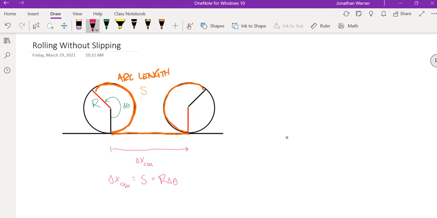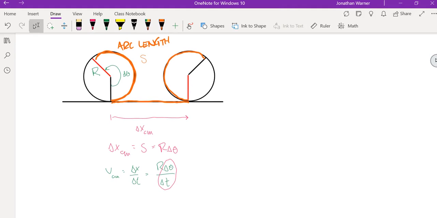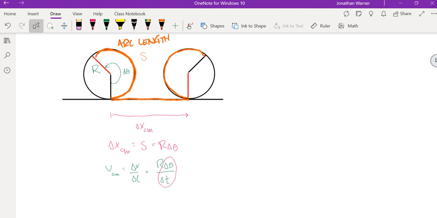Agreed? Now we can talk about the speed at which this thing moves, or its velocity. We can talk about the velocity of the center of mass, VCM. That's delta x over delta t. Delta x, we've said, is R delta theta, over delta t. And hopefully we recognize that's the angular velocity of the rotating object.